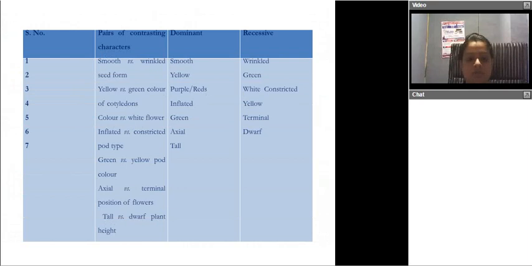Seeds may be smooth or they may be wrinkled. Here the smooth is the dominant and wrinkled is the recessive. The seed color may be yellow, which is dominant, or green, that is recessive.